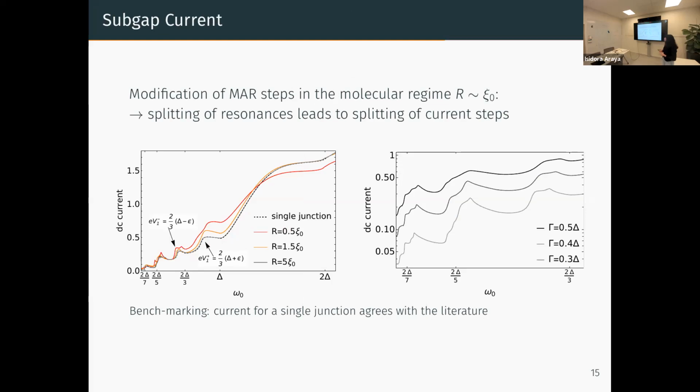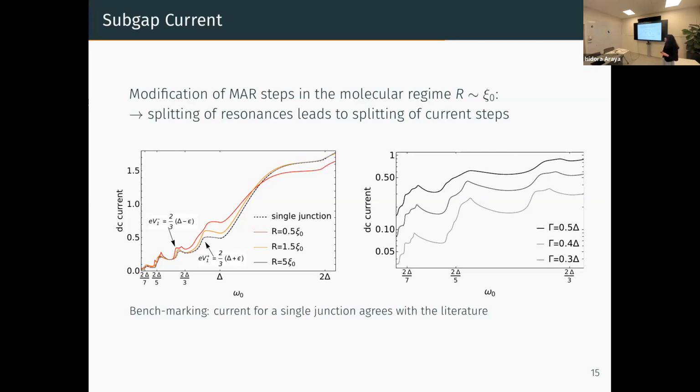Now I calculate the subgap current as well. The main message is that if I look at the molecular regime, the Marsh steps will split into 4 substeps. The splitting of the spectra translates into the splitting of the Marsh steps.